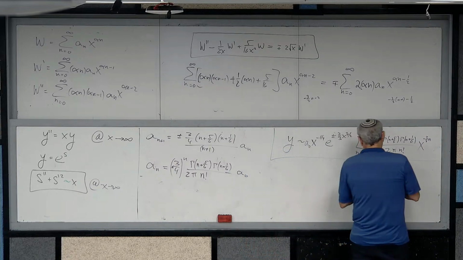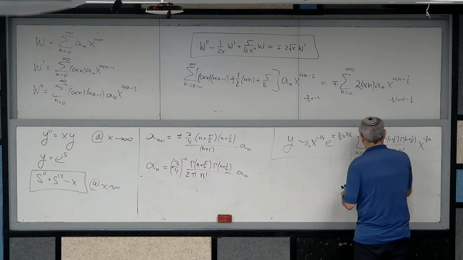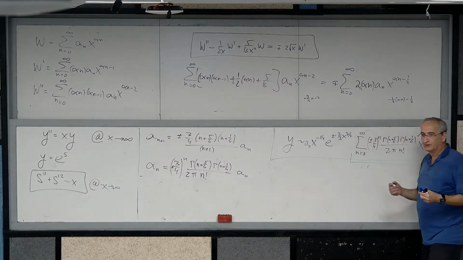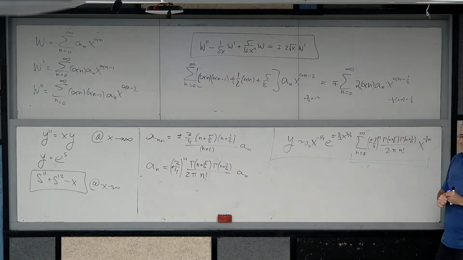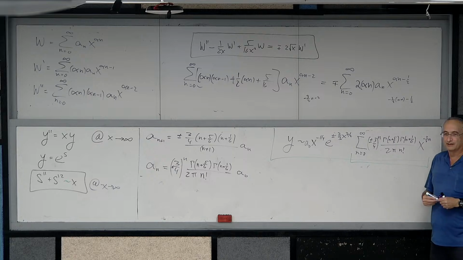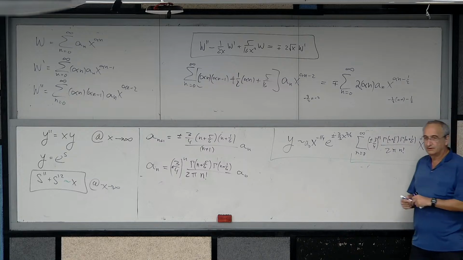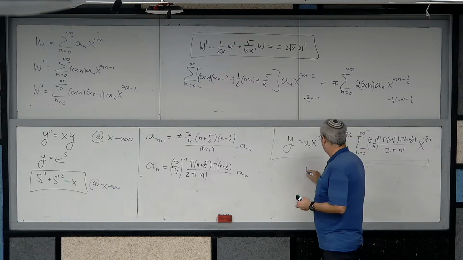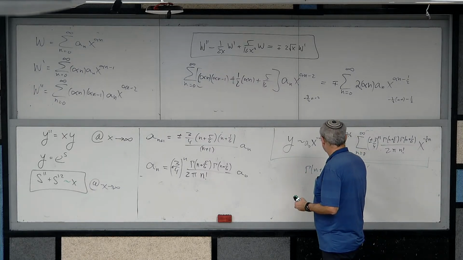This series, because of the law of conservation of difficulty, does not converge. Why? As I told you, at large n, gamma of n plus something goes like n factorial.